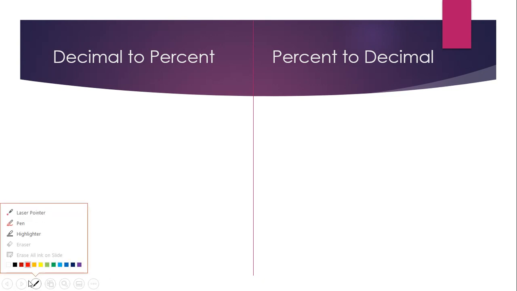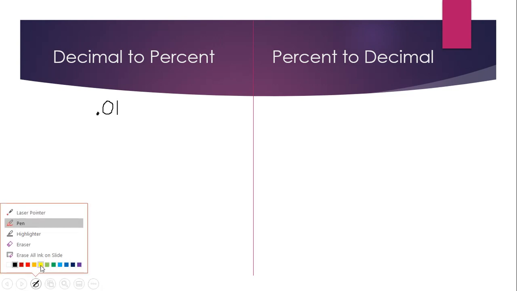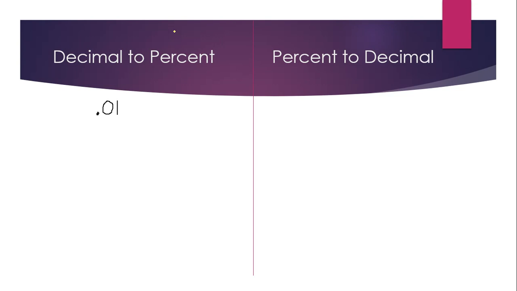I like thinking about values of money because if you think about 1 penny, so let's say I have 1 penny right there. Okay, that means I have 1 cent. And if you pay attention to the word percent, it has the word cent in it.